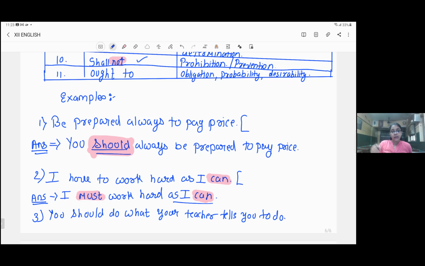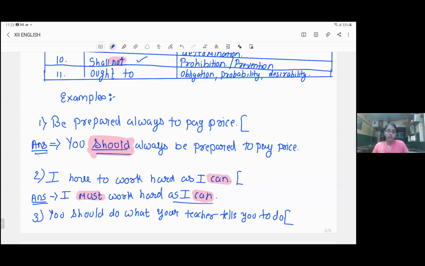Now, it is again the same thing we had written in the second sentence. Write the same thing in the bracket as in the second sentence.